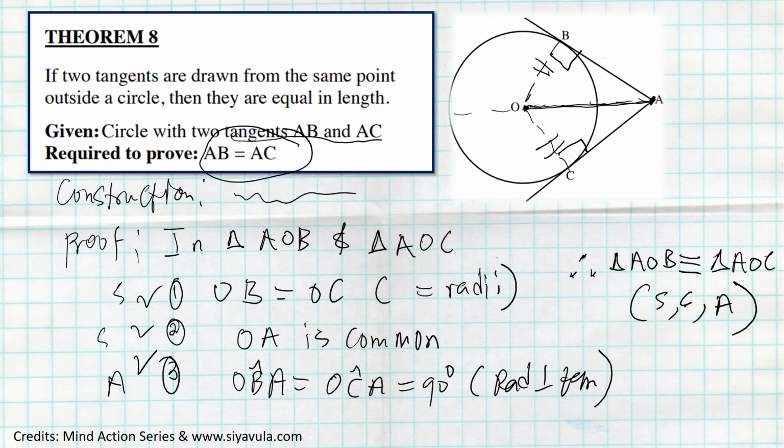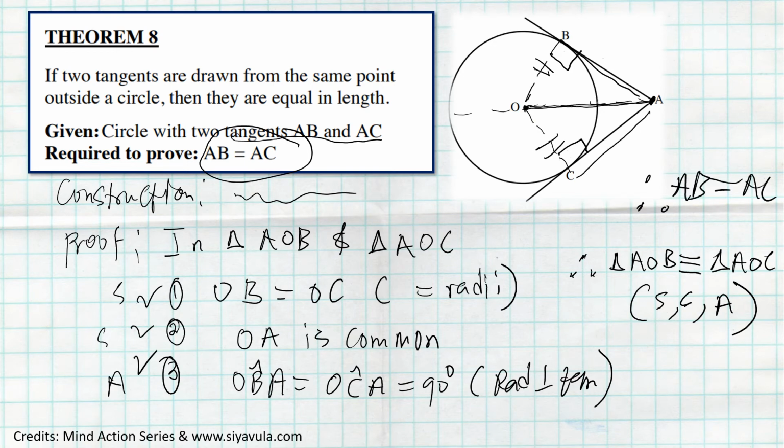Okay. So now that we have proven that these two triangles are congruent, meaning that their corresponding angles and corresponding sides are also congruent, or rather are also equal, then we can deduce that the corresponding side AB will also be the same as AC. Why?